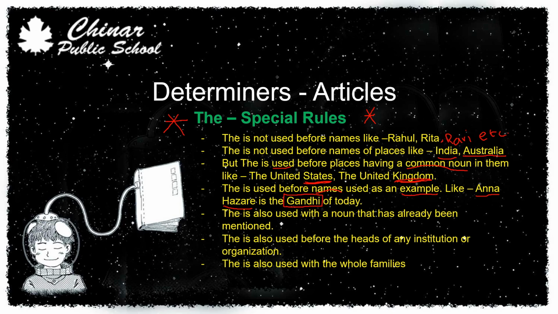Another rule is the is also used with a noun that has already been mentioned in the same paragraph. For example, if I am talking about a boy, but I am continuing about the same boy in my paragraph, later on I will use the boy.